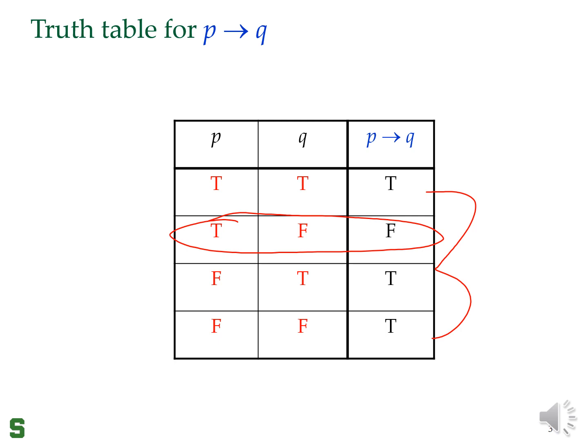If P is false, Q is true, then P implies Q is true. This is the part where people get confused the most, which is if P is false and Q is false, even then P implies Q is true, because in this case, since P is not satisfied, we don't have to worry about Q.